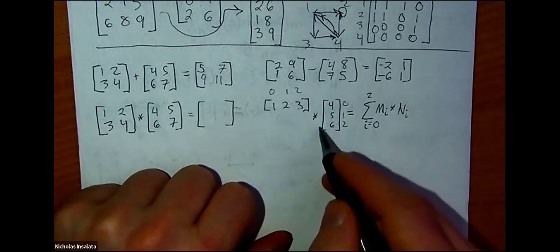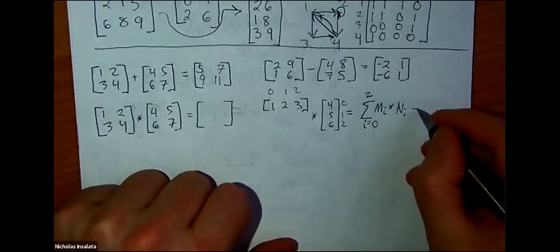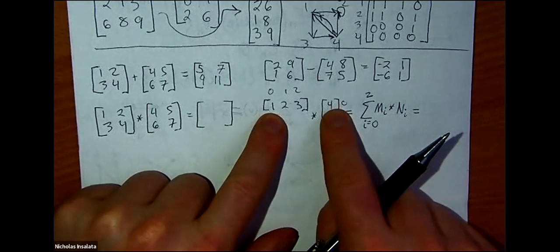Call these matrices m and n. So I go to the 0th entry in m, the 0th entry in n, and I multiply them.